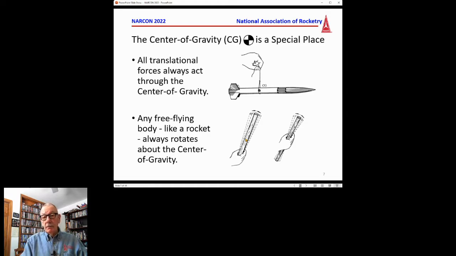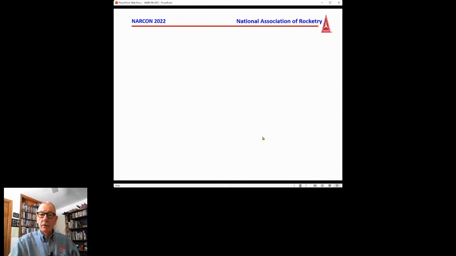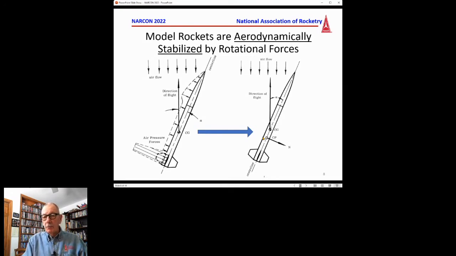You get it by the center of gravity, and it's much easier to rotate there. And that's exactly why it rotates around the center of gravity, because it's easiest for it to rotate about the place where the mass is equally distributed. So, but that brings us to why that's important.